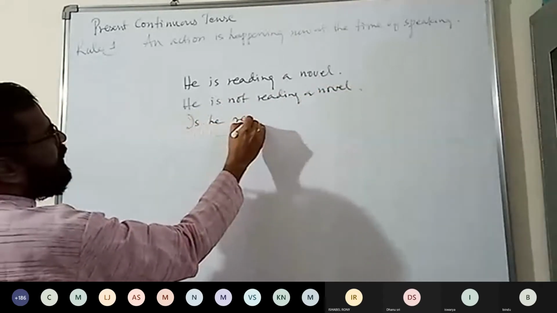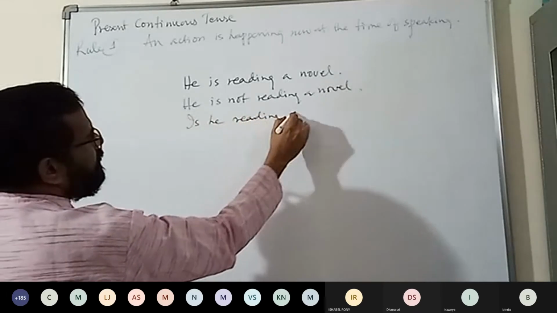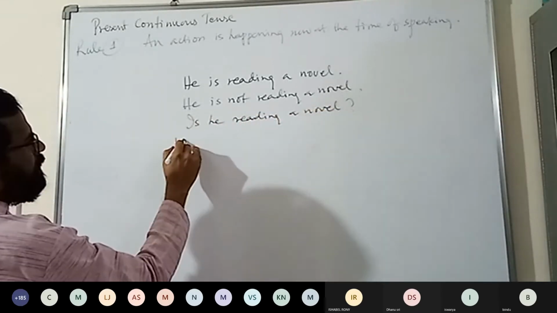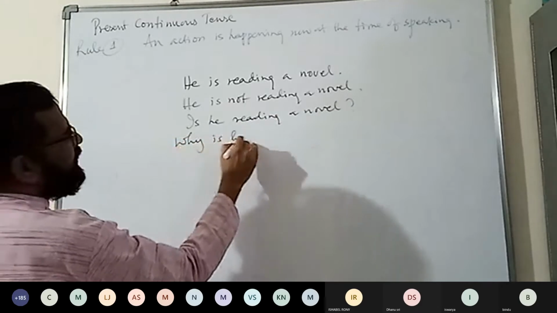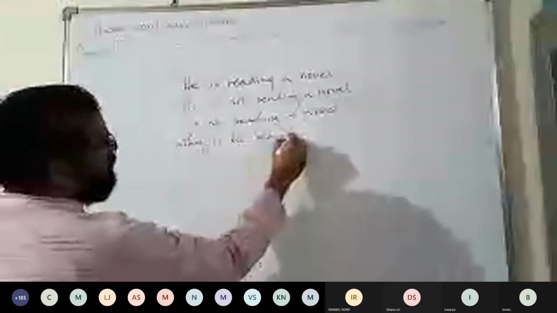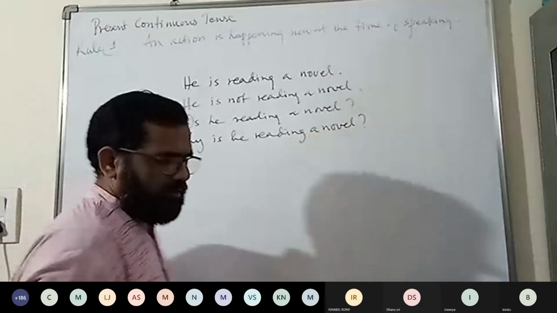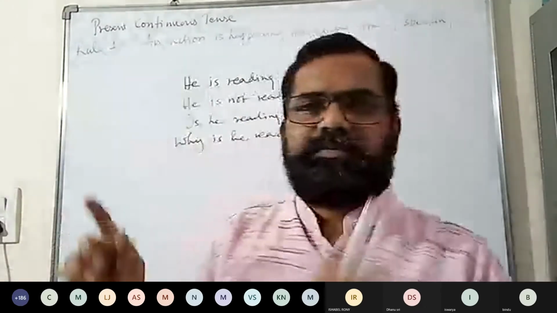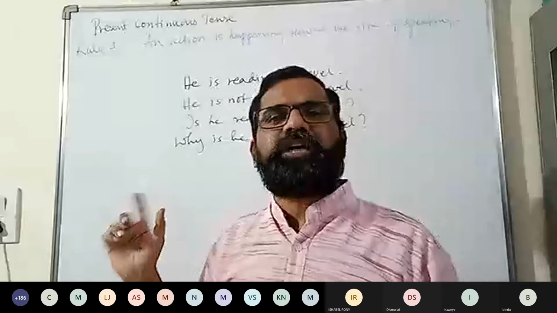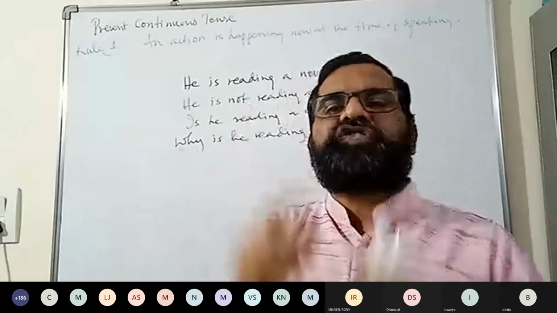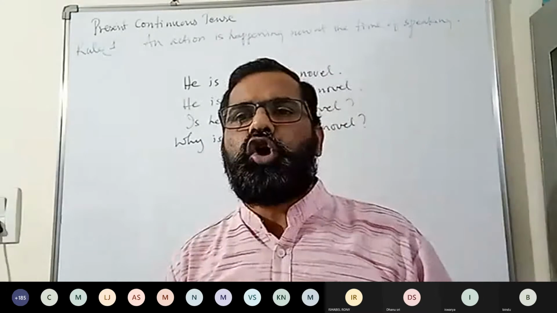Is he reading a novel? Why is he reading a novel? For a singular subject: positive, negative, yes or no question, WH question. Please take it down. After that, please try a few sentences on your own.